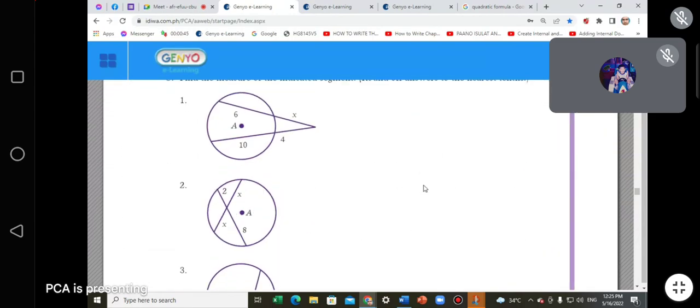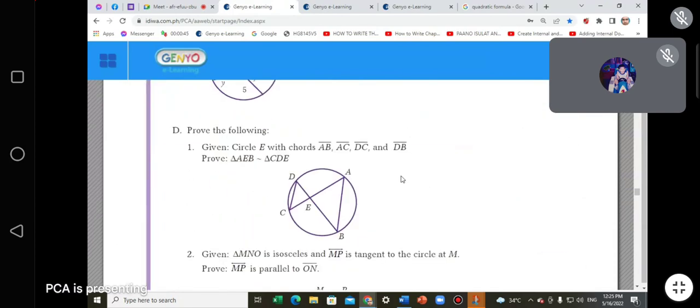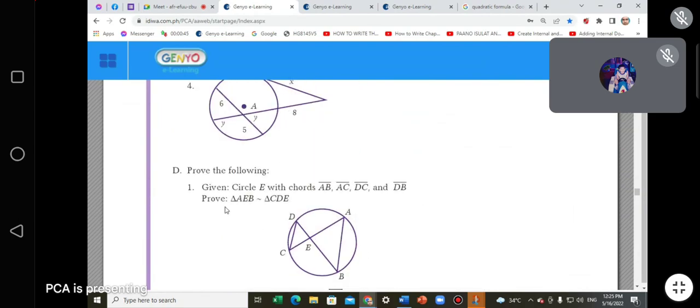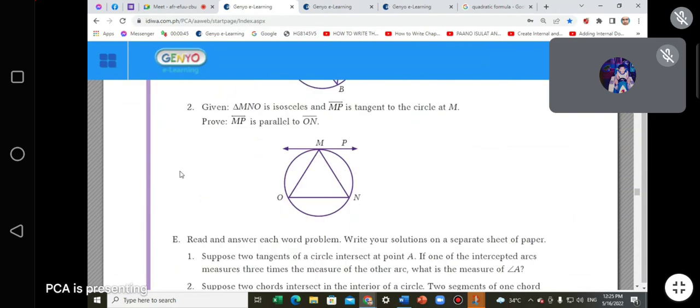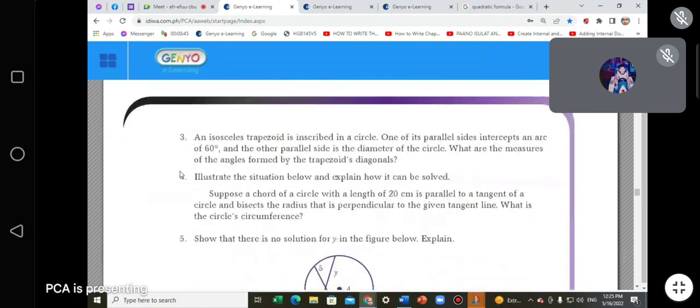To C. Okay, not D because it's proving something. No? But I want to make use of this one. Parang sarap lang. Okay. So you do not answer up to D, but D and the remaining letters. No more. Okay.